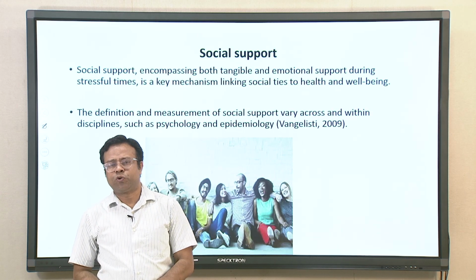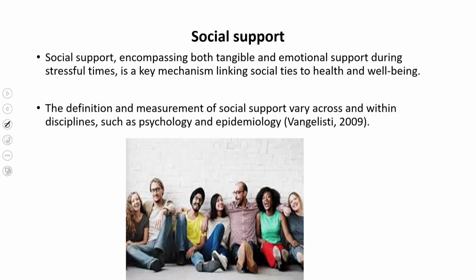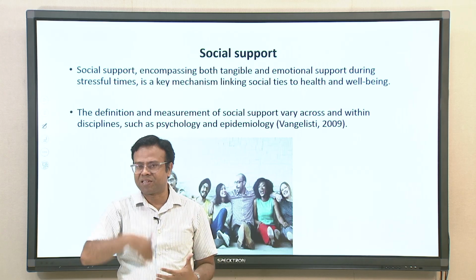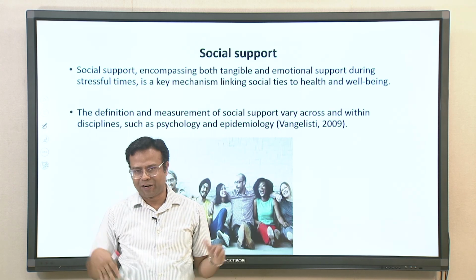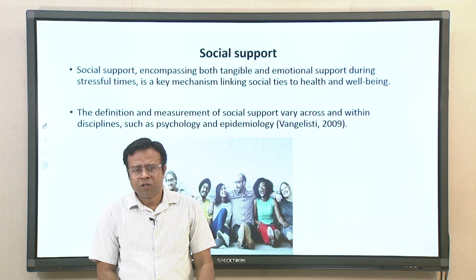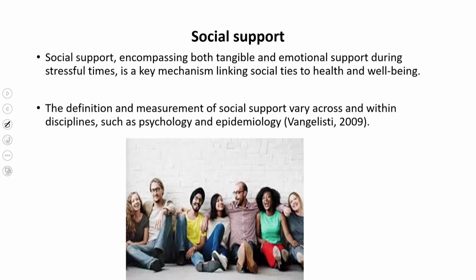So, when we talk about social support, it is something that is very much evident in everyone's life. We give support, we receive support from other people around us, particularly the significant people around us. So, it includes both tangible and emotional support during stressful times or in general times also, which is a very key mechanism linking health and well-being.